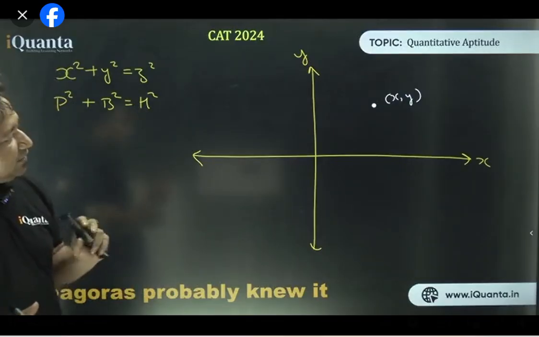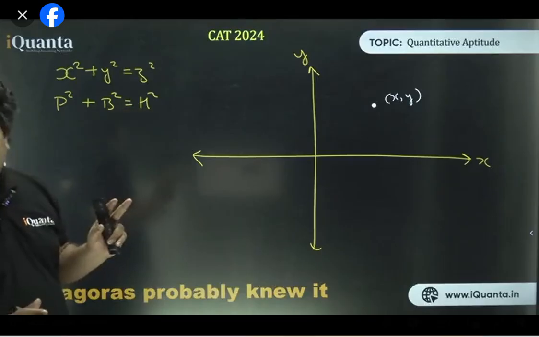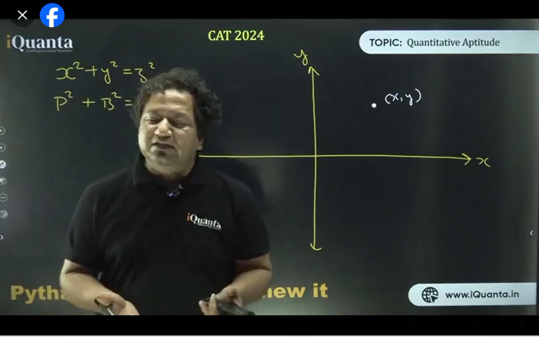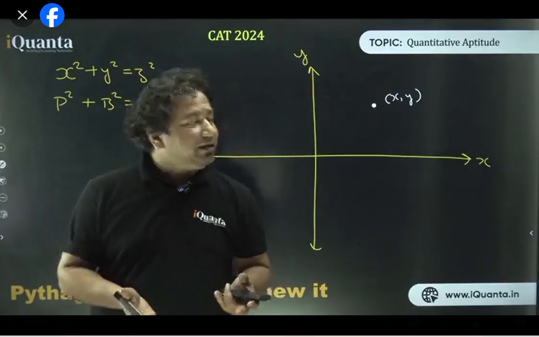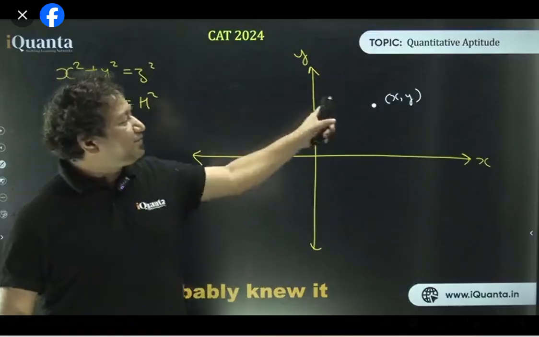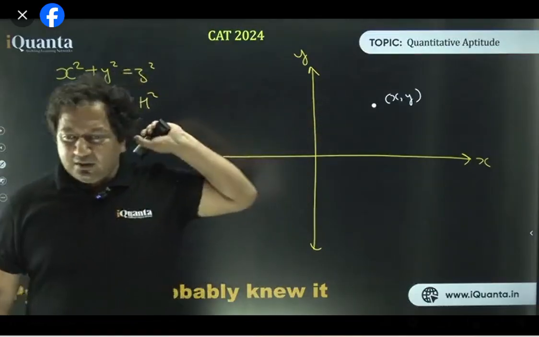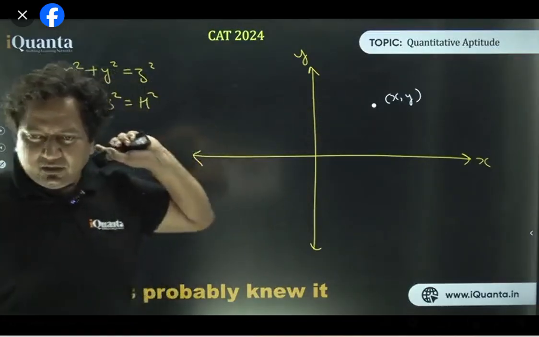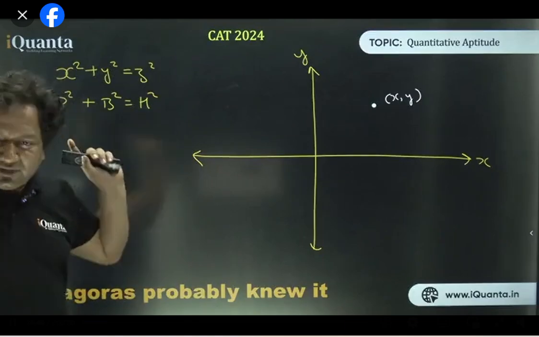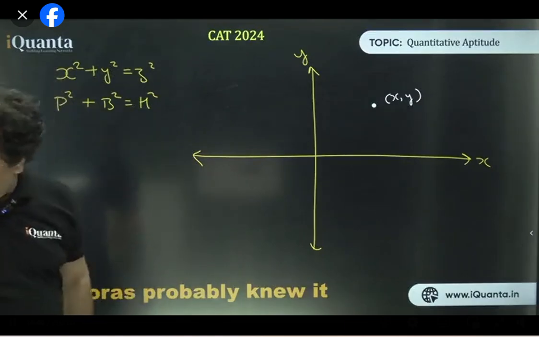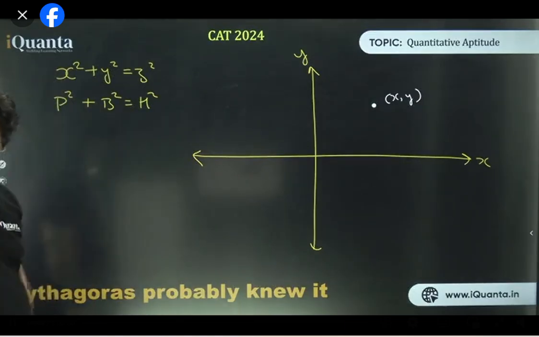So x and y are variables. When I say x and y are variables, what does that mean? Figuratively, I'm saying that this point can move anywhere across this board. Do you get that, all of you? Even those who have not studied mathematics for quite a long time? You get it? Everyone? Okay.